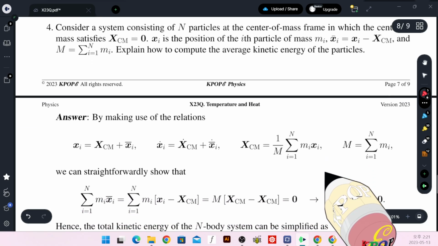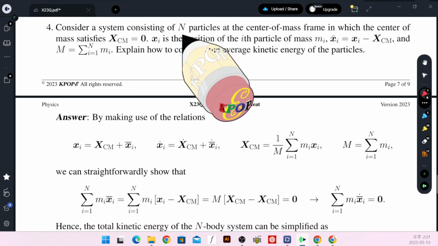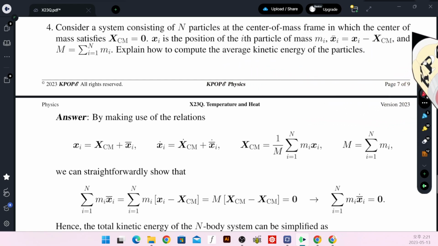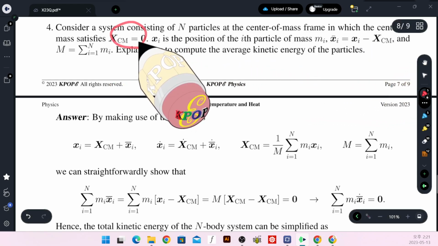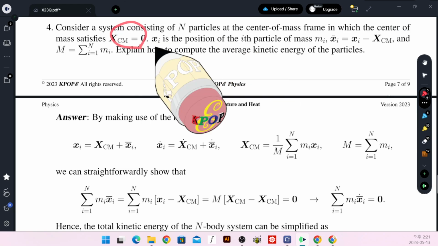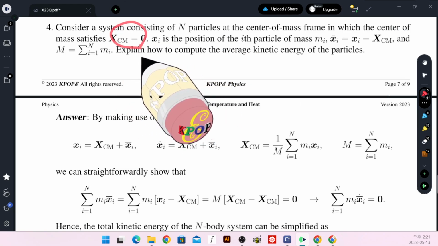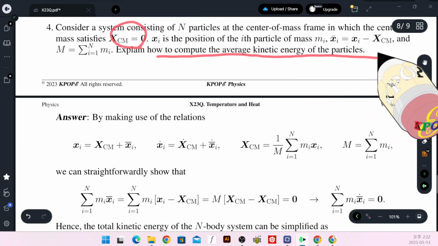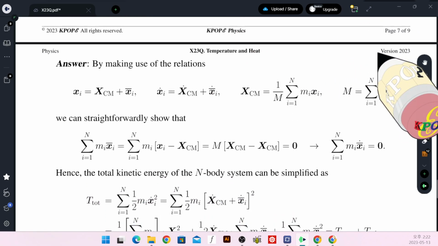Or consider a system consisting of n particles at the center of mass frame in which the center of mass satisfies this. Okay, that's fine. Everything is the same. Explain how to compute the average kinetic energy of the particles. Okay, let's see.